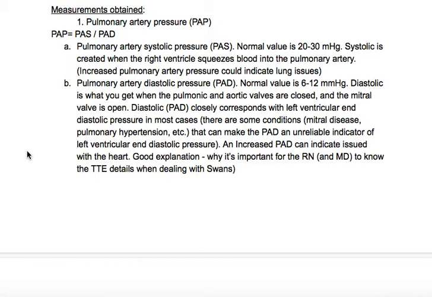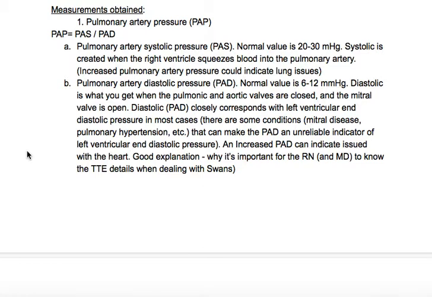However, it is important to understand that your PAD very typically correlates with your left ventricular end diastolic pressure. However, there are a few cases that can alter that number. So if your patient has some things such as mitral disease or pulmonary hypertension, it's important to understand that those numbers may not correlate appropriately, which is just good information to know, because if the cardiology resident comes by and wants to know what those numbers are, it's important for us to know.